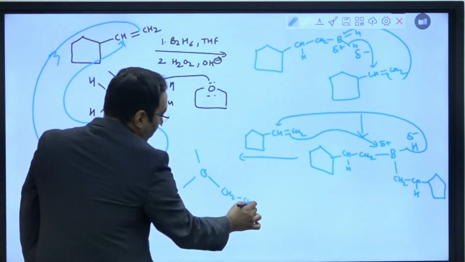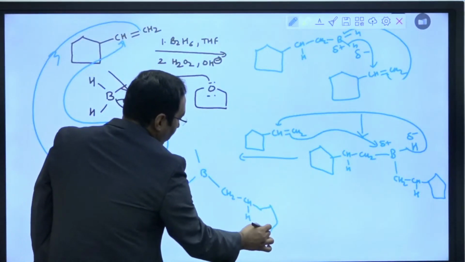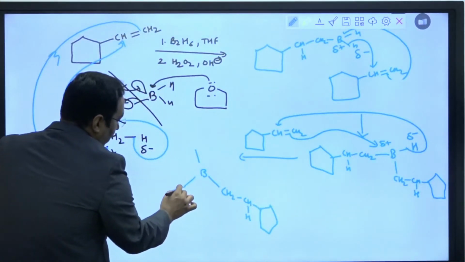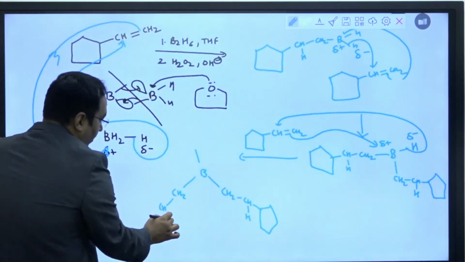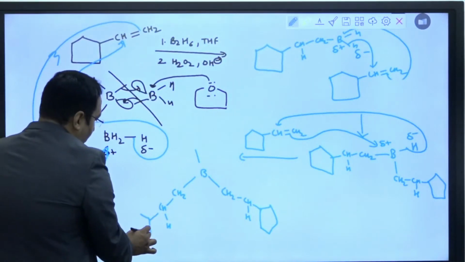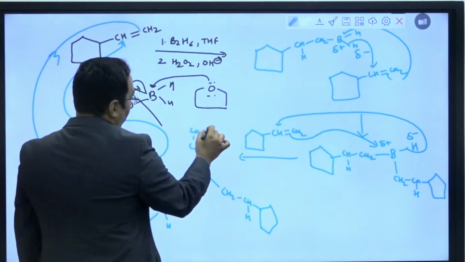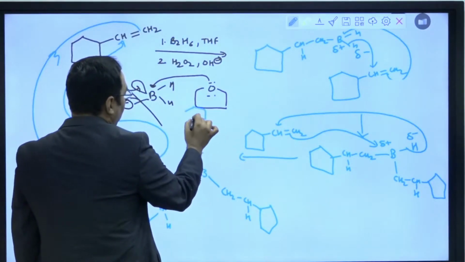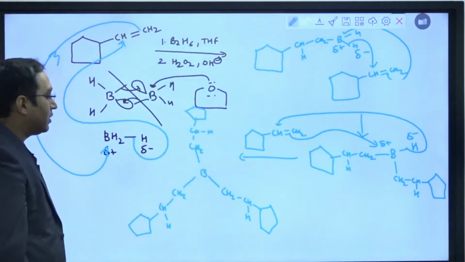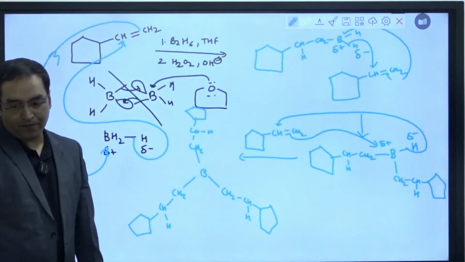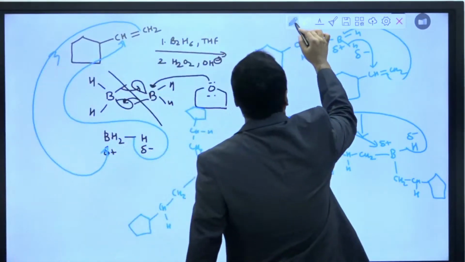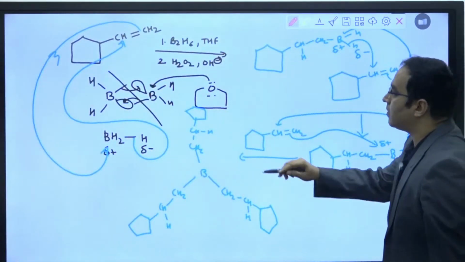Only when you write the reaction yourself will you be able to learn it. If you're just watching me write, believe me, it is very difficult. If you start drawing it, again believe me, it will become very simple. This is trialkyl borane. After getting this trialkyl borane, step 1 is done.